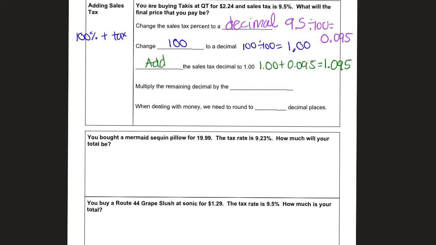Okay, and then we're going to multiply that new decimal by the original cost. So 1.095 times 2.24 is 2.4528, and money always rounds to 2 decimal places.